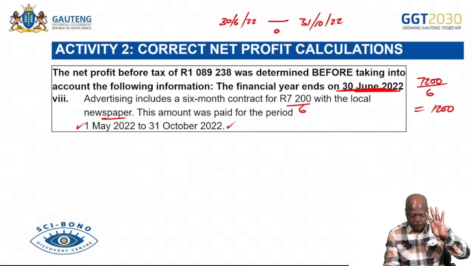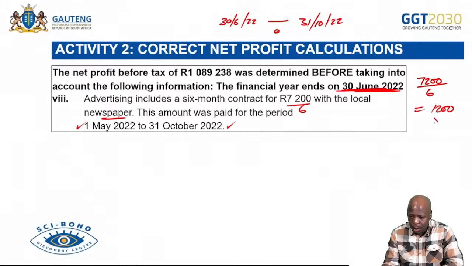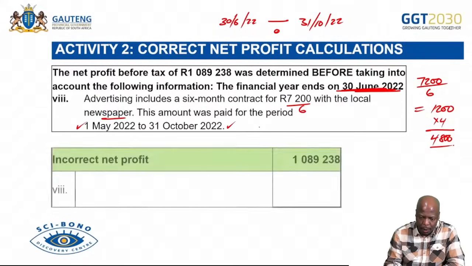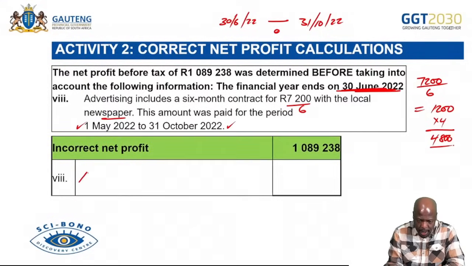How many months is that? 4. So we have 4 months that was paid in advance. 1.2 times 4. How much is that going to give us? 4,800.